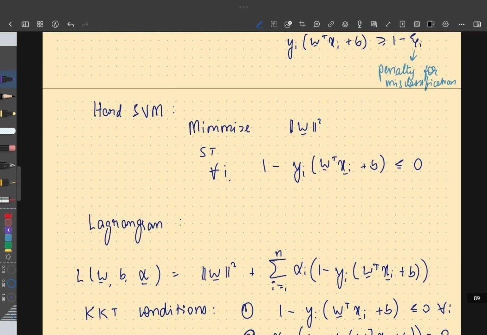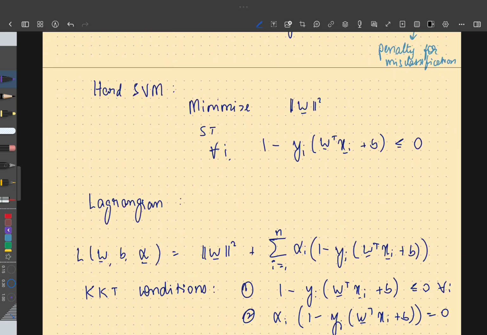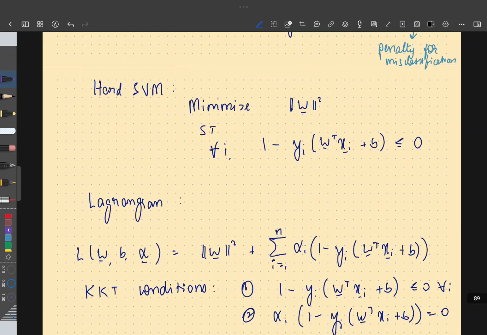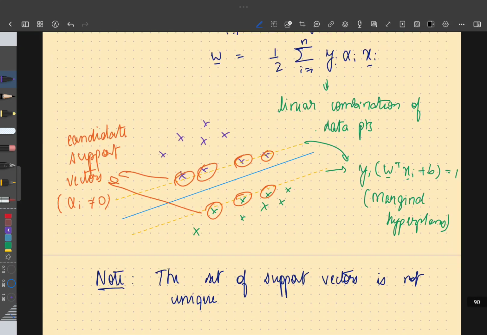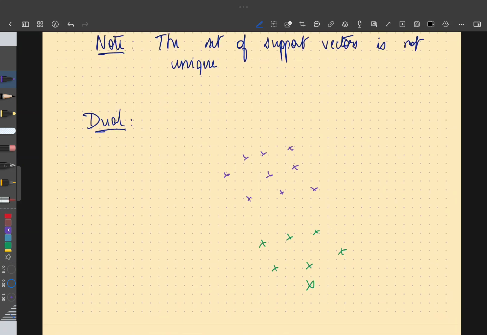Remember that the optimization problem for hard SVM essentially tries to minimize this norm of W, which is not directly intuitive. But the dual optimization problem turns out to have a more intuitive interpretation. So these are two sets of points that are given to you.